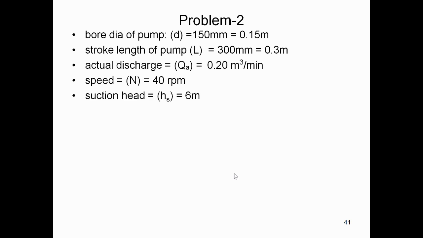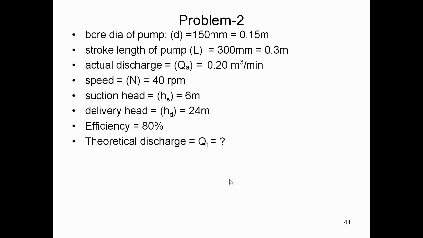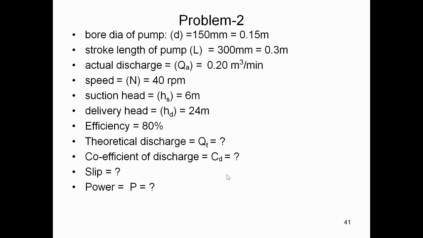Suction head HS is 6 meters, delivery head HD is 24 meters, and efficiency eta is given as 80%. We have to find the theoretical discharge QT, coefficient of discharge CD, slip, and power. So you have to find four values.